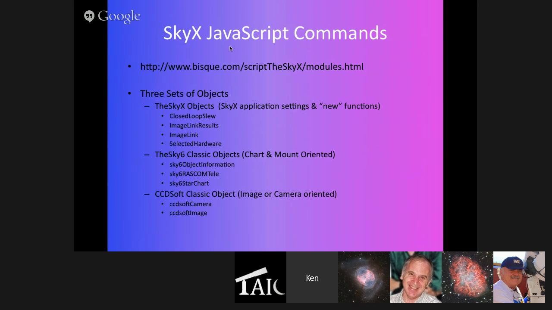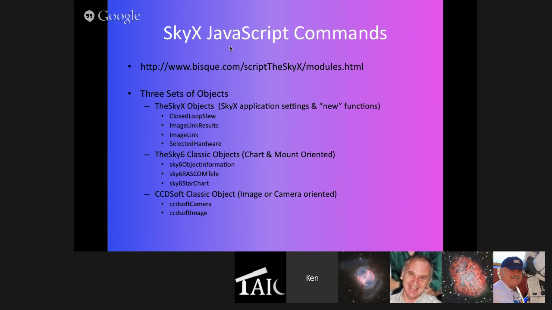Now, I've been throwing a lot of commands at you. It's like, great, where am I going to find these? How am I going to figure this out? Well, like everything today, the documentation's online. There's actually a link from the JavaScript environment to this URL at the top of the page. If you go there, you will find that there are 3 sets of objects that you can play with.